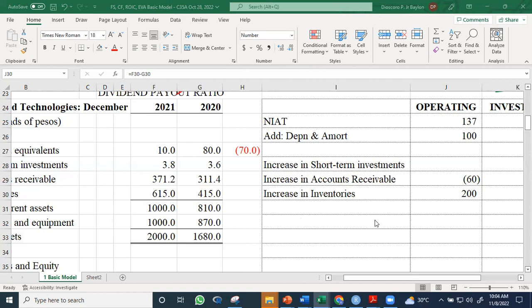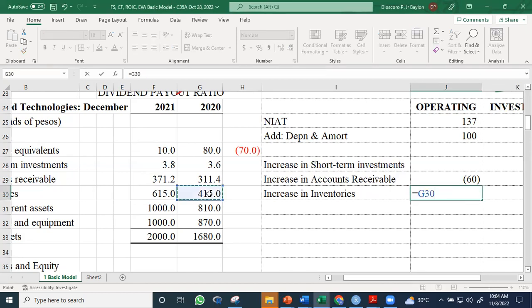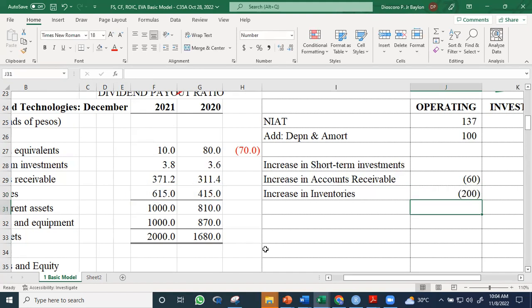Okay. So class, if it's a source of cash, should the difference be positive or negative? Source kasi, so dapat positive siya, right? If I make it equal to 2020 minus 2021, then what will we have? Negative 200. So is this now a source of cash or a use of cash?